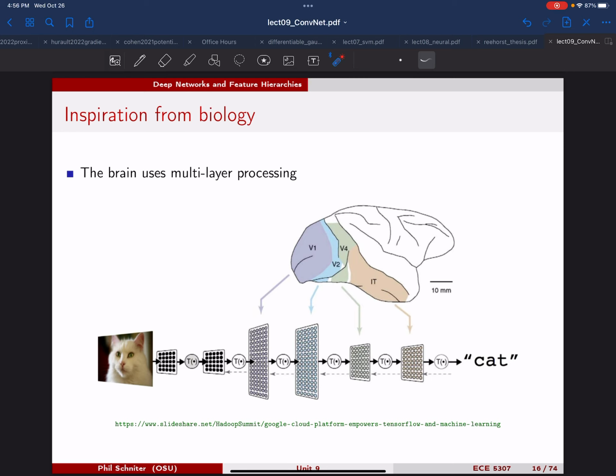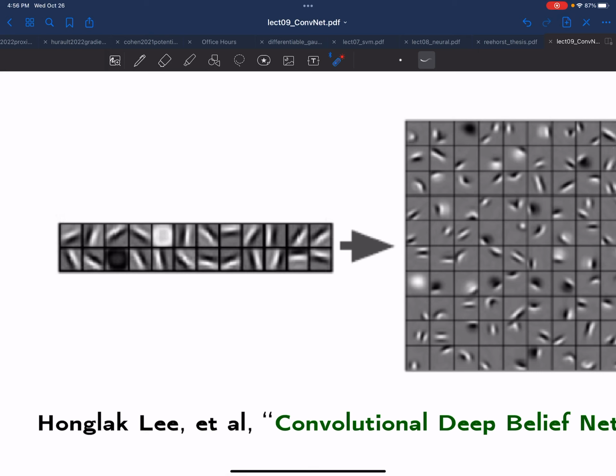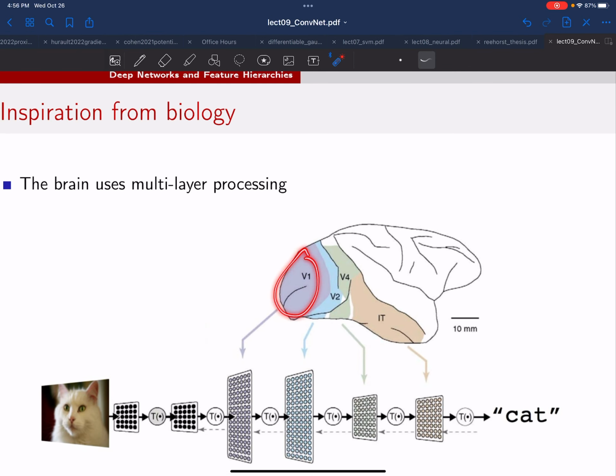And what they find is that there are different neurons that are tuned to exactly these fundamental shapes, these little building blocks. And then those early neurons are connected together to get the neurons in the next layer and so on. So the brain is also working in a hierarchical way, very similar to a convolutional neural network.